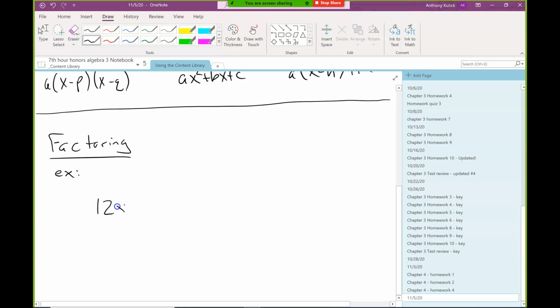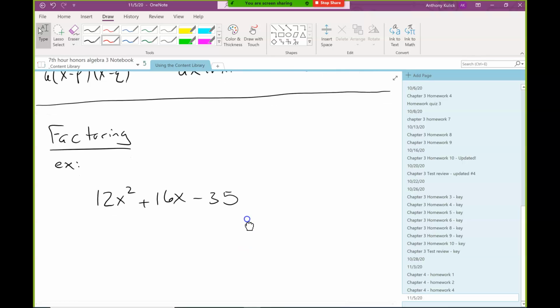So let's say we have the quadratic 12x squared plus 16x minus 35.